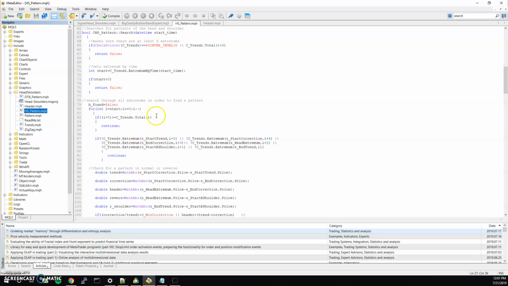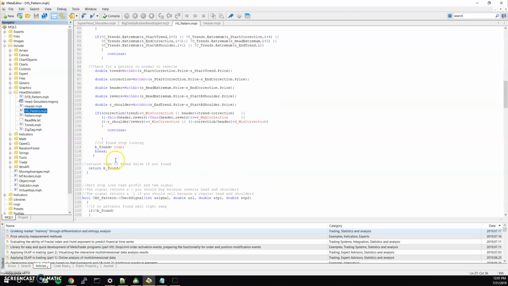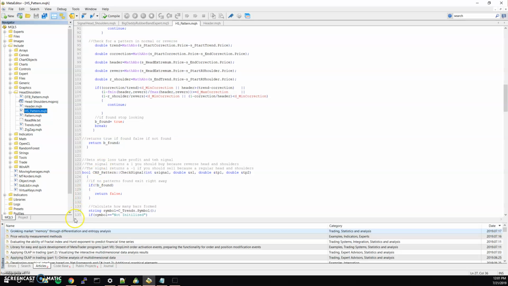So what this does is it searches through all the extremums that are currently found to see if a pattern has formed. And as you see, we set up parameters, check for the pattern in normal or reverse or inverse head and shoulders pattern, and then we return if we found a pattern or not. If we found a pattern, we return that, and then we use that later on.